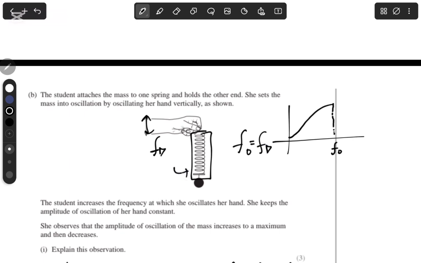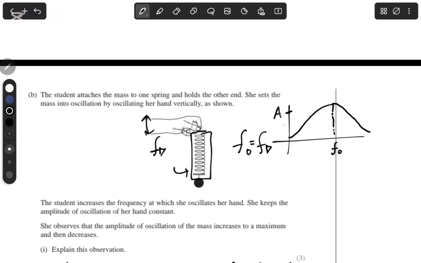So when this mass's frequency increases, at a certain point the frequency at which this mass is moving will be equal to the natural frequency. At that point, resonance will occur. So at that point the driving frequency should be equal to the natural frequency. Then after it goes past the natural frequency, the amplitude will decrease again.